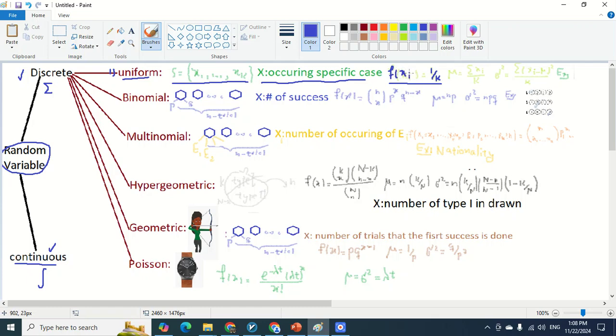By that probability distribution function, you can calculate the distribution function and construct the table of a distribution as well. The expected value we calculated as the summation of xi divided by k, and for the variance we have a similar formula, and you can put one example for yourself to describe the situation.